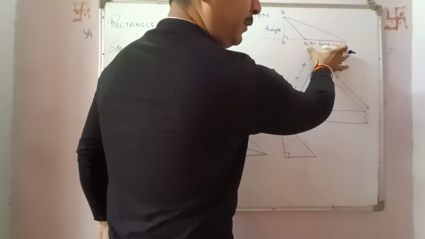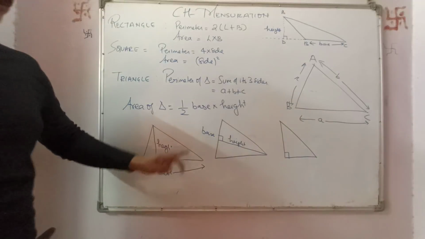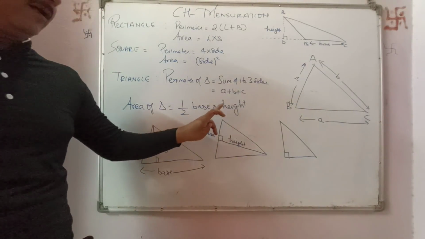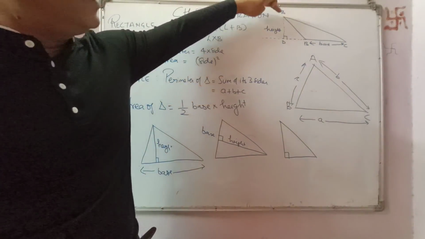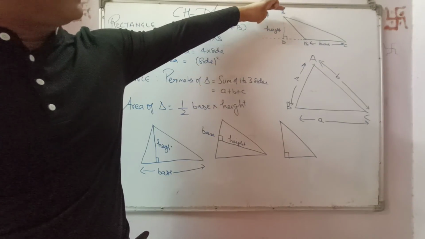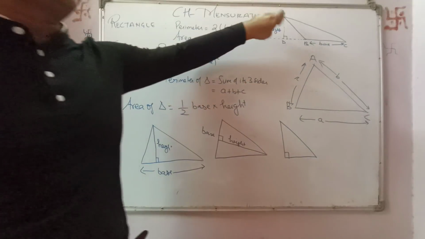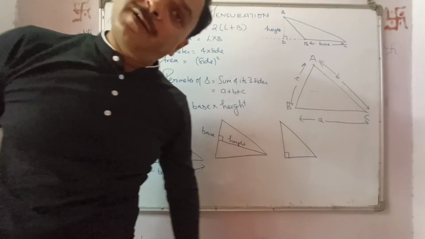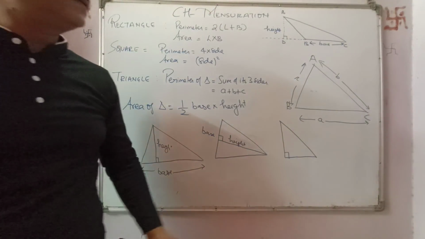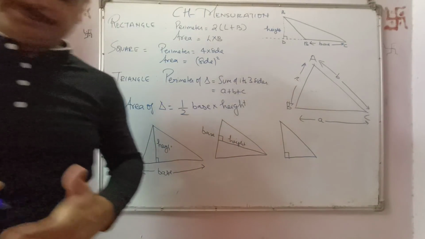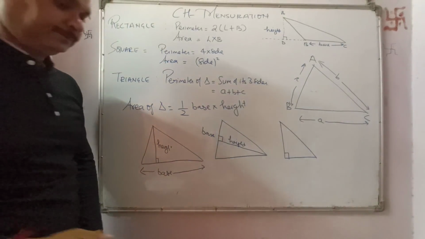Again, do understand this important thing: height means the length of the perpendicular drawn from the vertex to the opposite side, and base is the side on which the perpendicular is drawn.